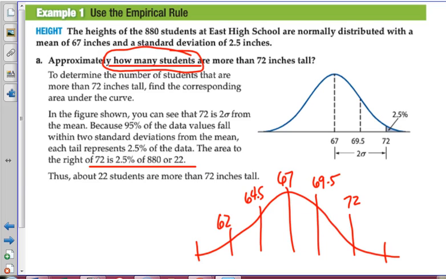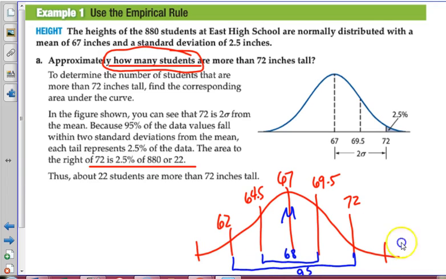All right, so this was my mean. This is one standard deviation each way, which is what percent? 68, okay. This is two standard deviations each way, which was 95%.